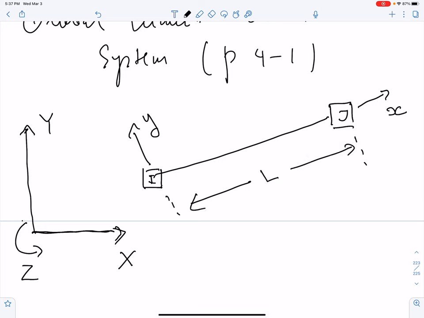This is our angle phi, also as before, that the element makes with respect to the global x coordinate line. The element will have Young's modulus E, area A, length L, and on top of that, remember the moment of inertia I. That's new.